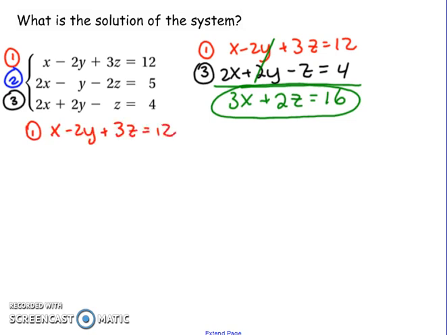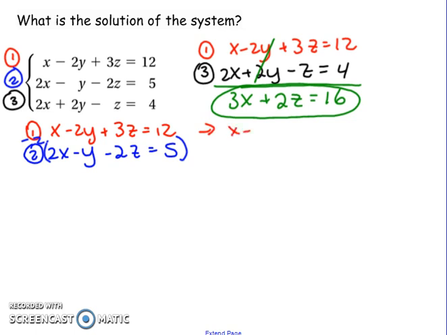And if you notice, the y's are not the same. So we have to cancel out the y's again. Make sure we cancel out the same variable. So I need to multiply my second equation by -2, so that way my y's will cancel.